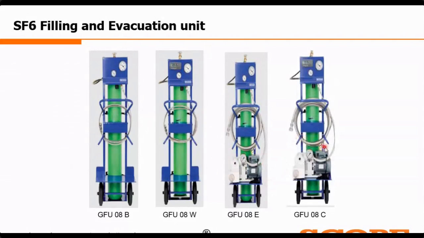Here you can see the basic model plus an additional vacuum pump for the vacuum operation, and we also have the weighing scale here. So this is the best model for vacuum operation, filling, as well as if you want to do precise filling with the weighing scale. For that also this GFU08C helps.